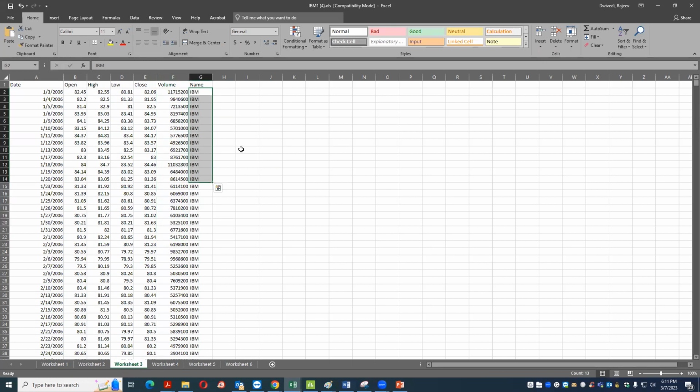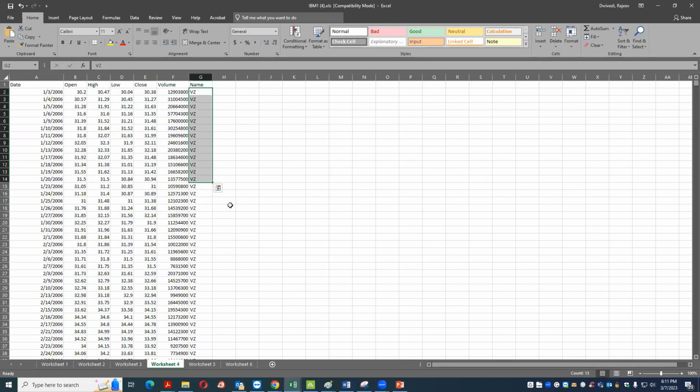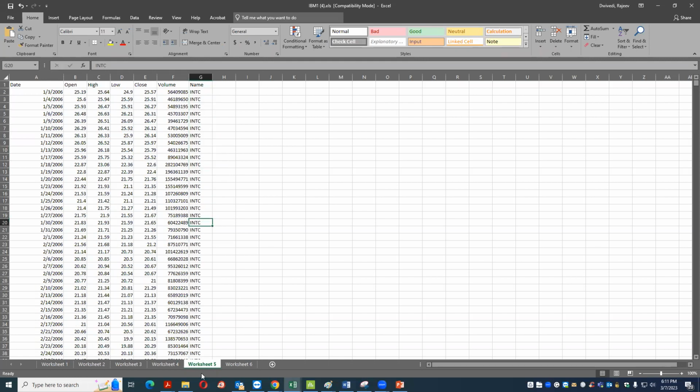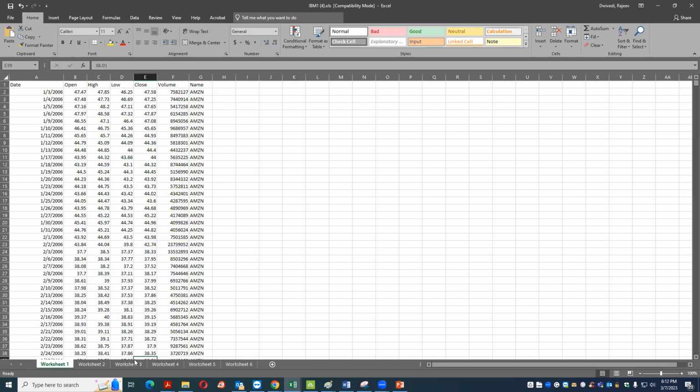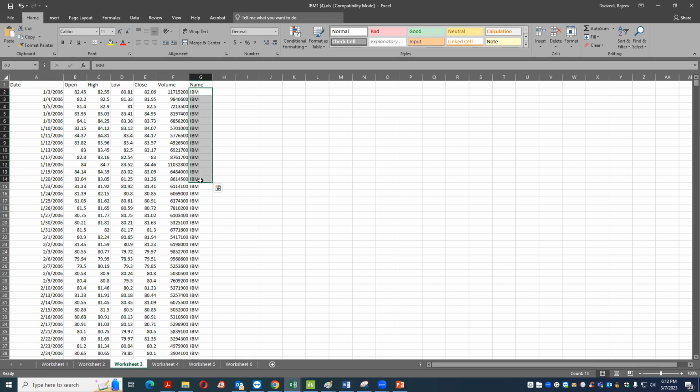The third one is Verizon. This is Intel. This is JP Morgan Chase. So select the right one, because this spreadsheet is attached to almost all fill in the blanks questions, so don't go by like this. You just see which stock has been asked, IBM or JP Morgan Chase.